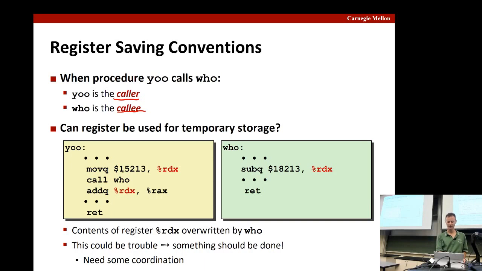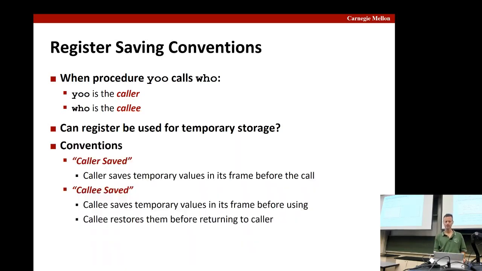Suppose we had moved 15,213 into RDX and expected it to be there when we got back, but for whatever reason, the procedure we called also used RDX. It would trample over what we wrote before, and we would get the wrong answer. So we need some sort of convention, some sort of agreement.